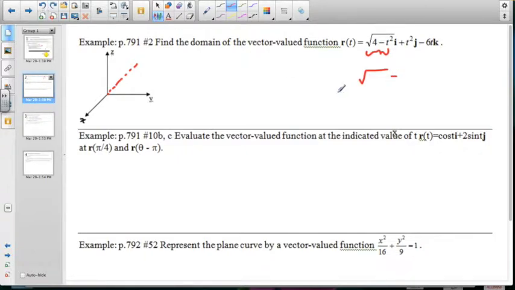I should restate that the quantity has to be greater than or equal to 0, then we can figure out what values of t lead to real answers. And so that's 4 minus t squared being greater than or equal to 0, which means t now has to be less than or equal to 2.